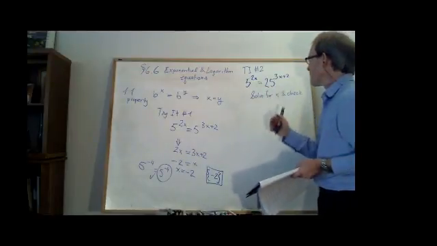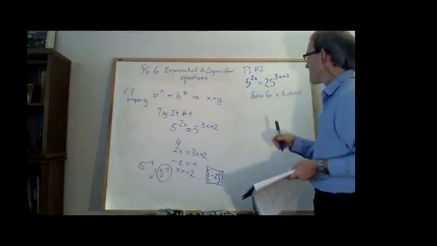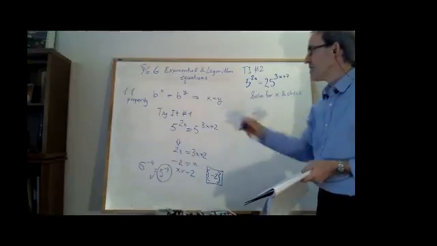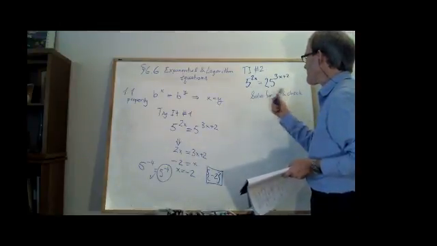Okay, so here, how I would solve this problem is put both numbers under the same base. And then we'll use the one-to-one property. We can do it in one of two ways.